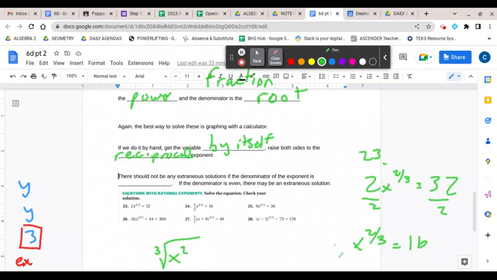In my opinion, it's quicker to get rid of this exponent by raising to the reciprocal exponent. So if the exponent here is 2/3, if we raise this to the 3/2 power, that'll cancel the exponents out. We just have to make sure that we do the same thing with the 16.